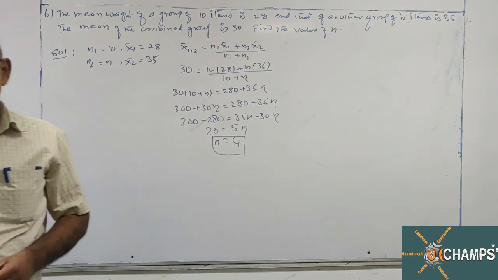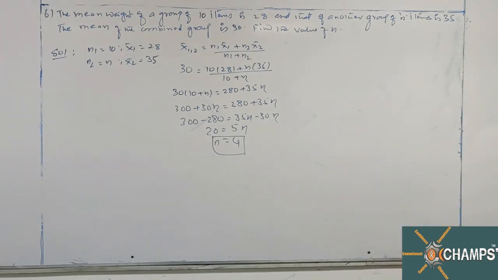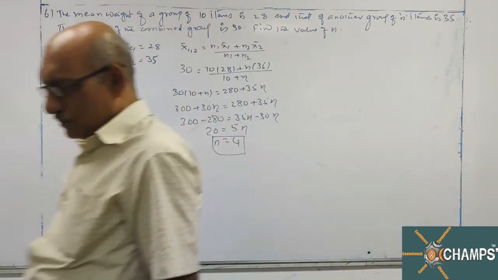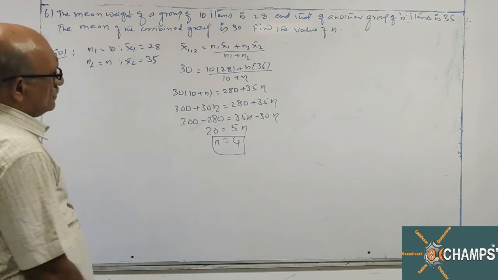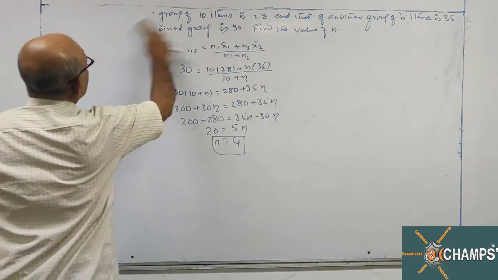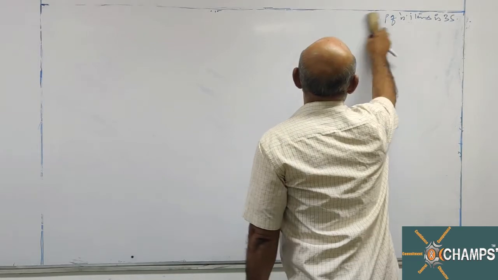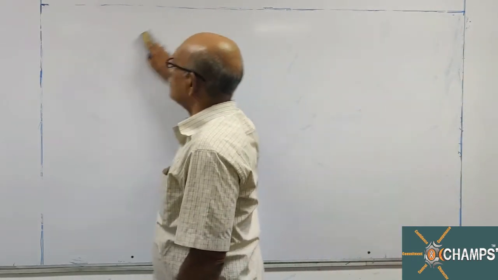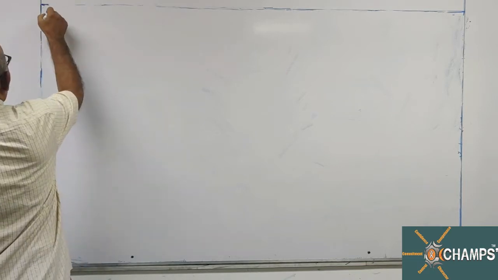So the second group is having only 4 observations.